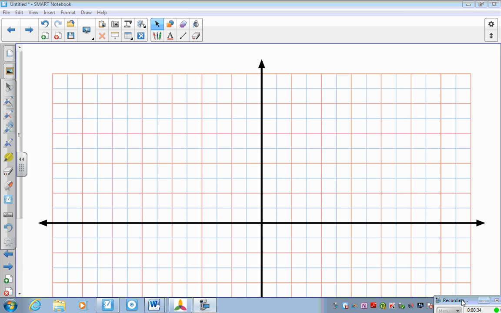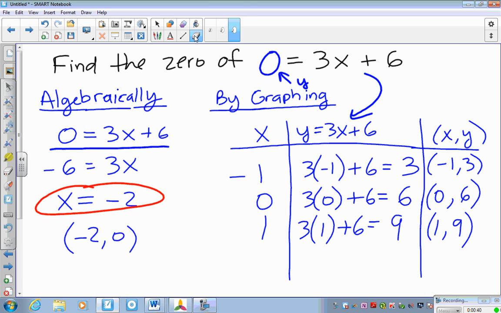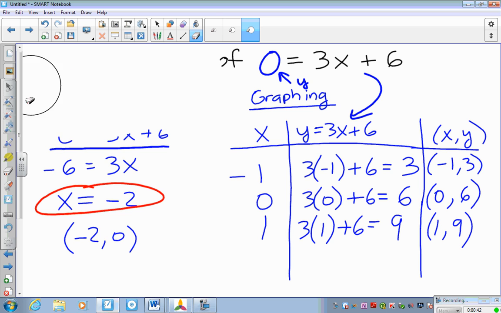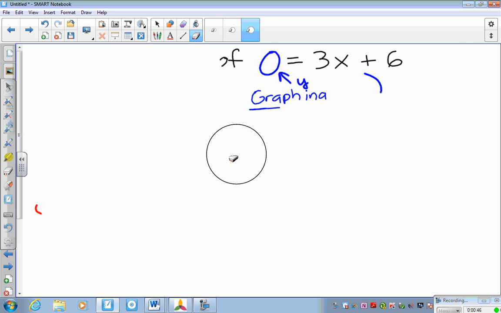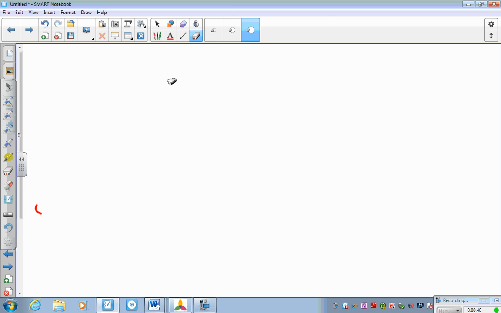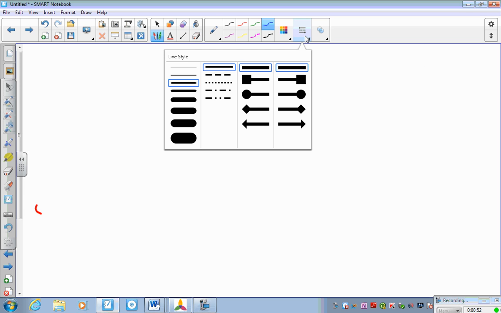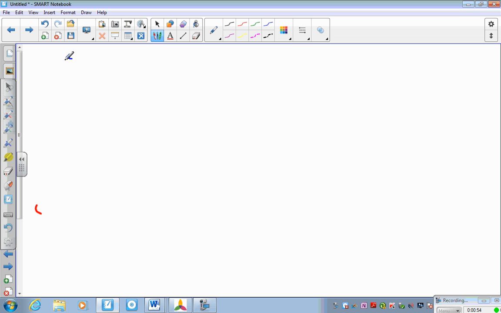So we talked about how there are kind of three ways to think about slope. And actually this is from my old video, but I'll erase this real quick. Three ways to think about slope in terms of a formula. But hopefully you understand it a little bit better than a formula.